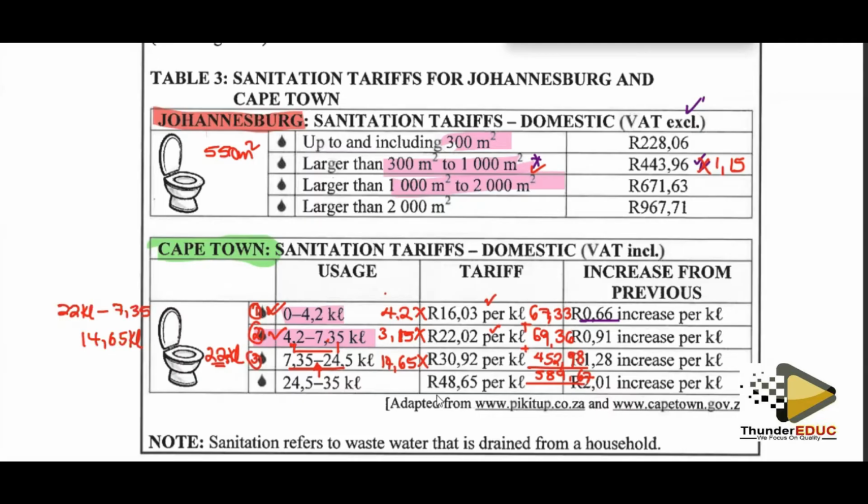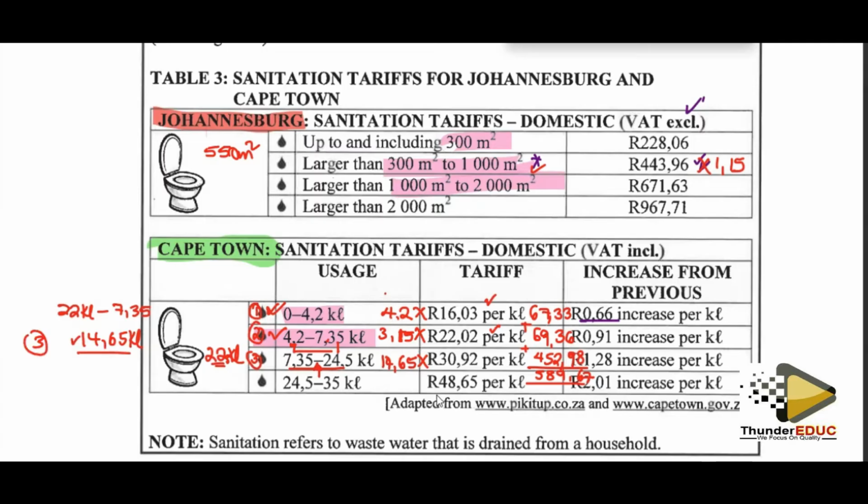These are the answers I've ended up having. And I got 4.2 times 16.03. I got 67.32. I rounded off. Then I got my 3.15 times 22. Remember how we got the 3.15? Okay, this is the kiloliter. This is bracket number 3.